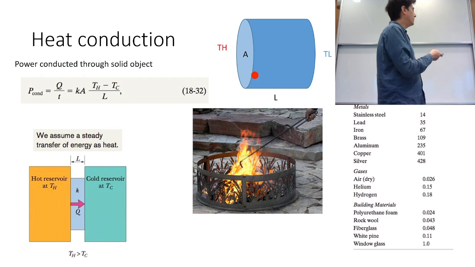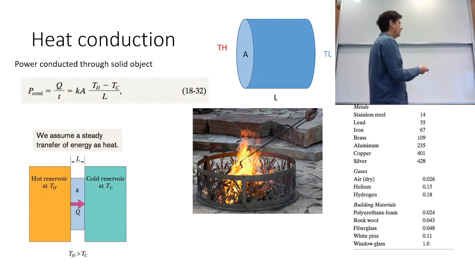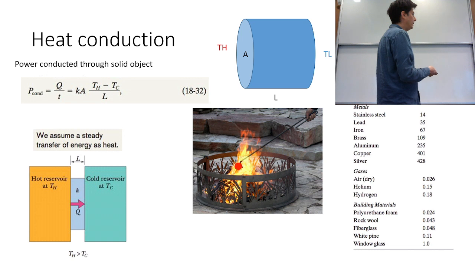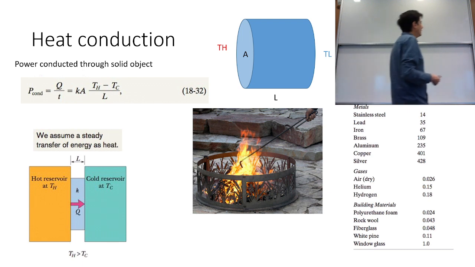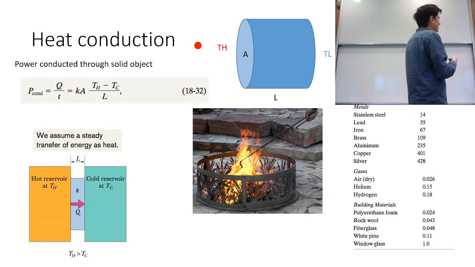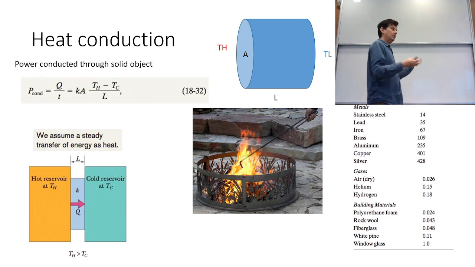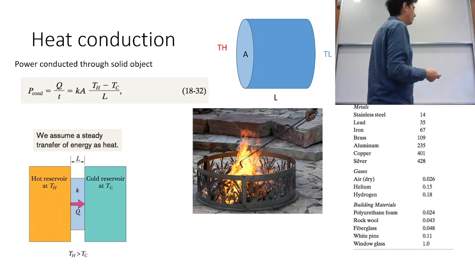The longer the material is, the less energy is transferred, so it's inversely proportional to the length. If you've got a long stick, the energy you get through conduction is very low. Finally, there's a hot end and a cold end, and the bigger the temperature difference, the more energy goes from the hot end to the cold end.